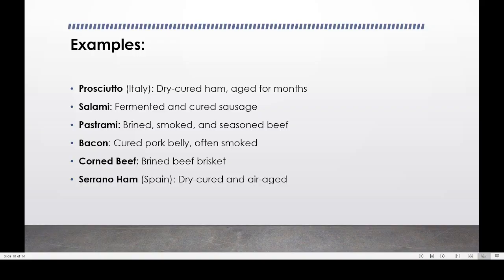This is the pastrami. This is how the pastrami appears. Then bacon. Bacon, everybody knows how bacon looks. Smoked. This is the bacon. See, this is known as the bacon. Bacon, cured pork belly, often smoked.